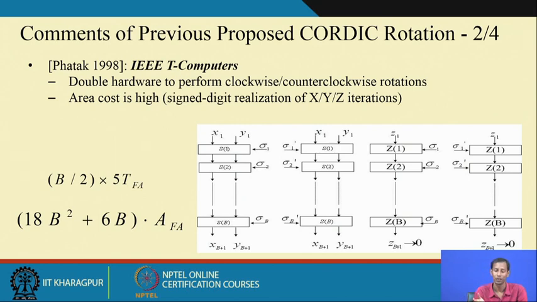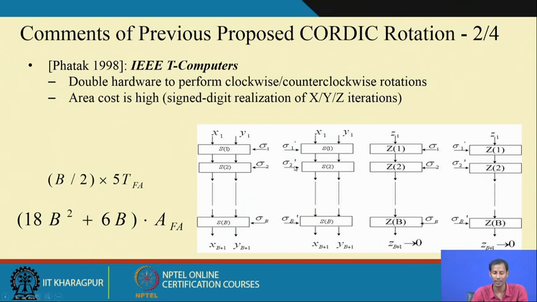So, that clockwise and counterclockwise rotation from the beginning using double hardware, if we can pre-compute and store this information and use it again, we can reduce the time. So, this particular architecture is mainly to reduce the computation time of the CORDIC algorithm. Focusing on that aspect, this architecture has been developed.